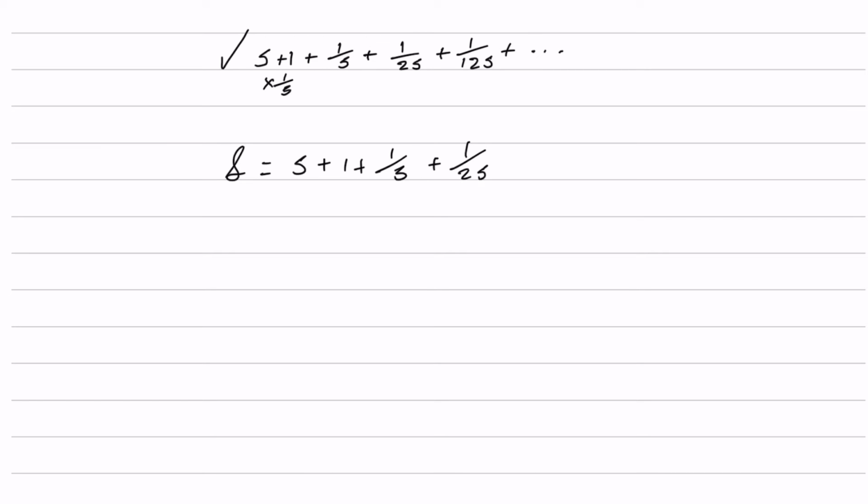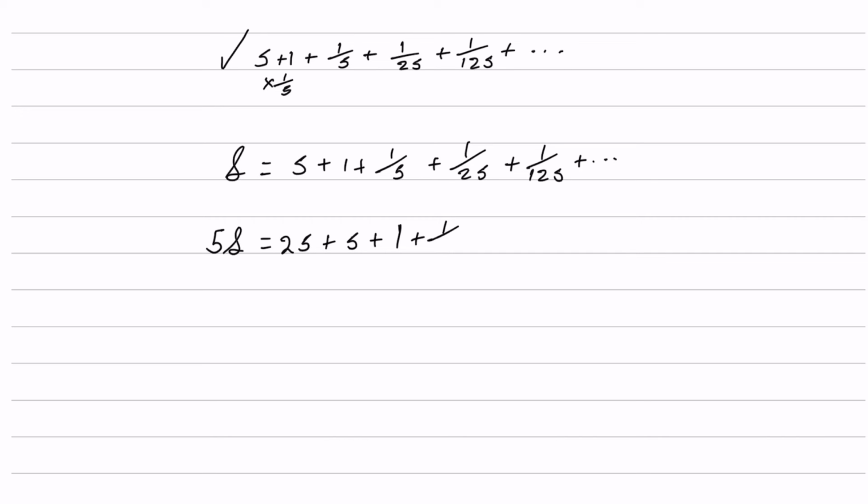Well, let's start by calling the sum of all our numbers s. So we say s is equal to 5 plus 1 plus 1 over 5 plus 1 over 25 plus 1 over 125 plus, and so on. Now, let's take this and multiply it by 5 in a separate place.